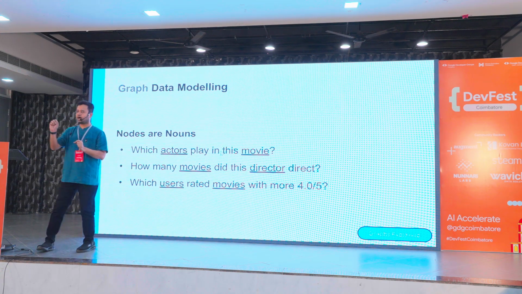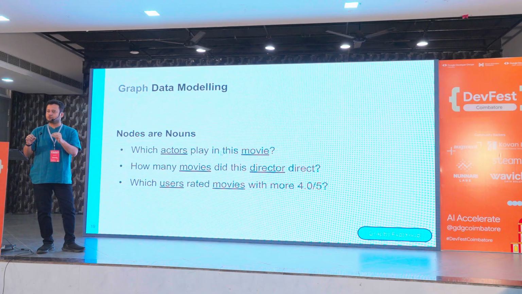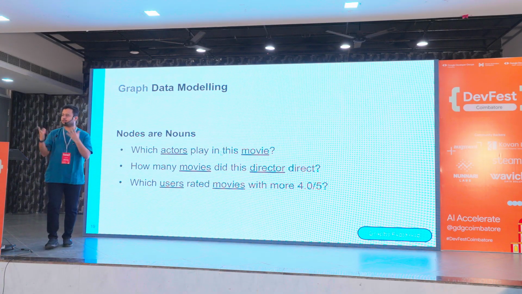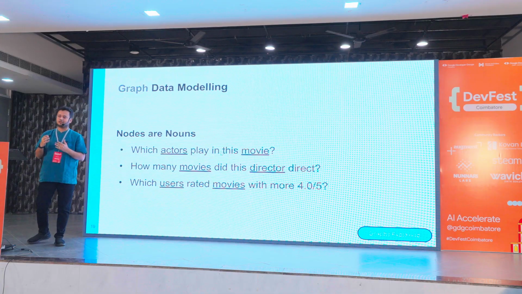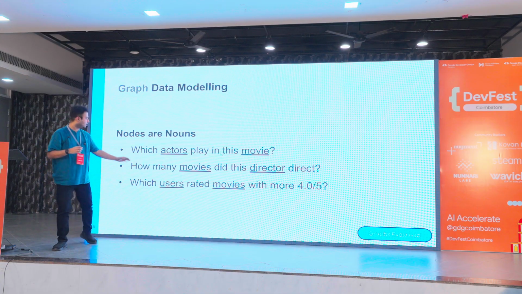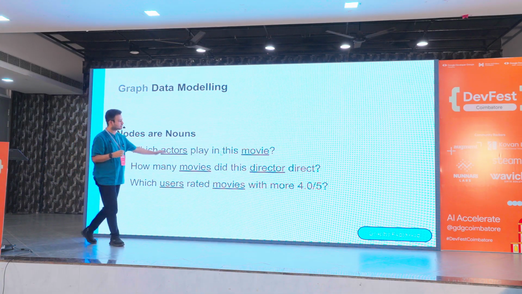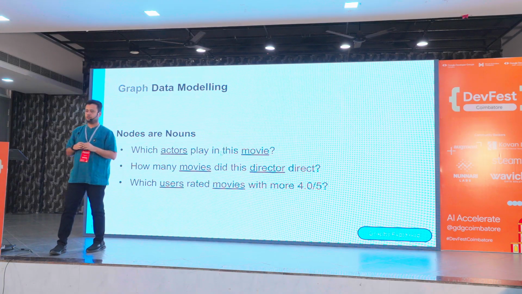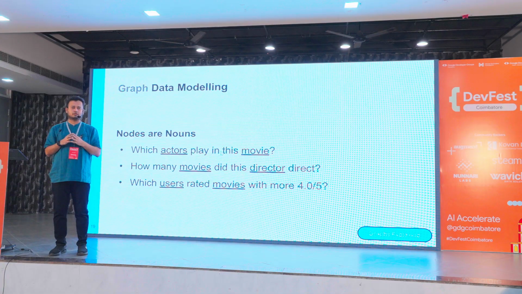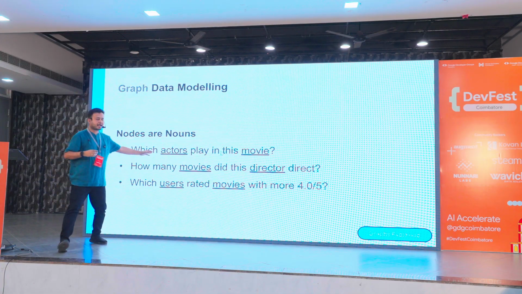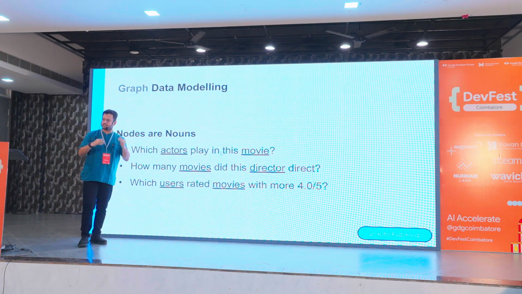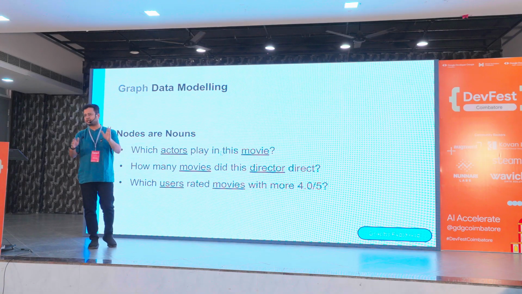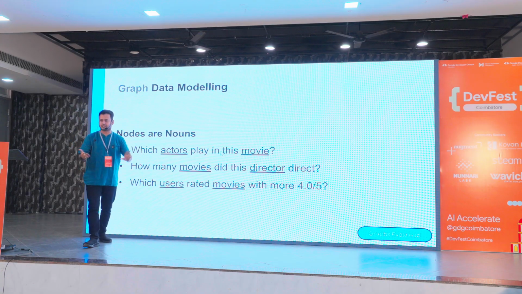What are the nouns? Are the words that I have highlighted nouns or verbs? Like again, going back to English 8th and 9th. In this sentence, which actors play in this movie, is movie a noun? Yes. Are actors a noun? Pronoun etc. is also considered as a noun in this case.